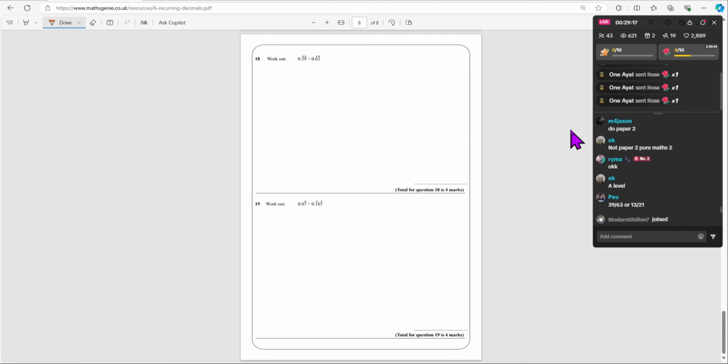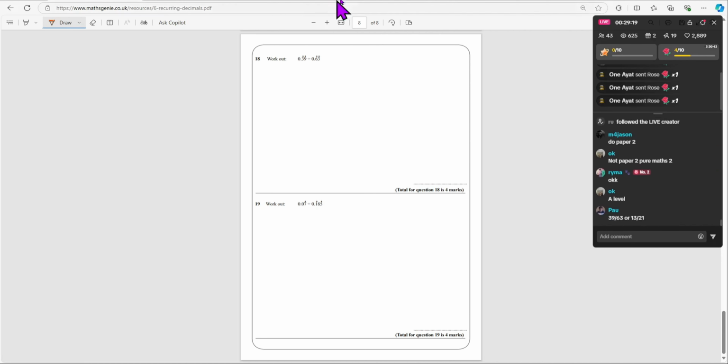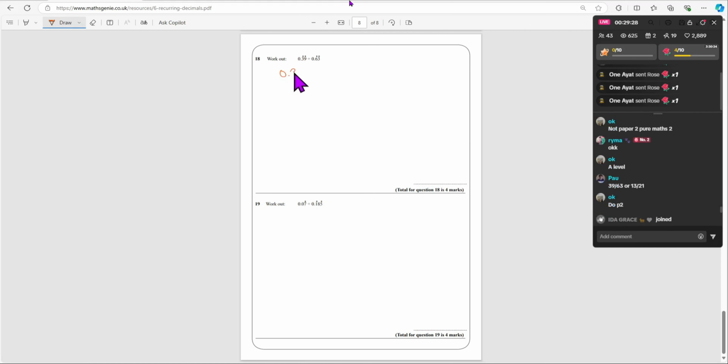So first thing we're going to do is convert 0.39 recurring to a fraction. So we're going to write 0.39 recurring as x, okay? I'm going to say it's equal to x.